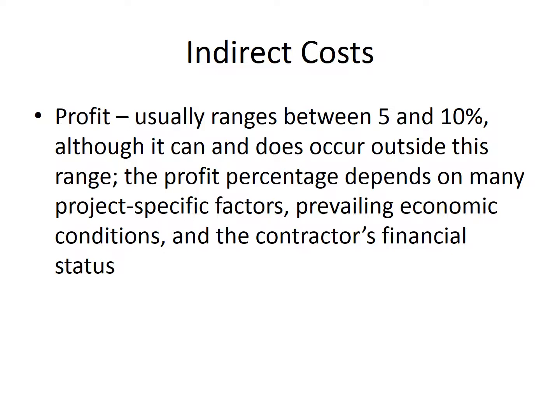So I think for a long time after the Great Recession, a lot of people were complaining about how everybody was underbidding each other, and owners expected things to be done less expensively than the contractors could make money on. It varies. General rule of thumb is between 5 and 10%.